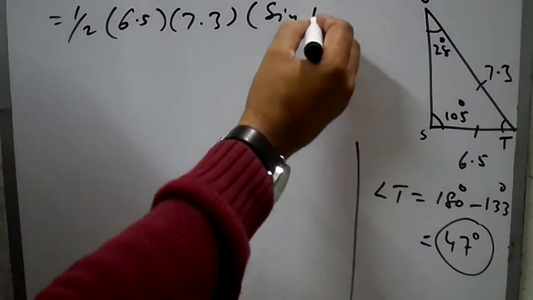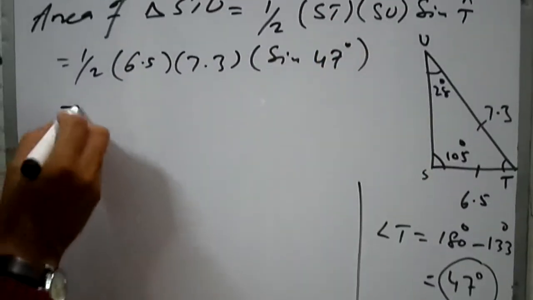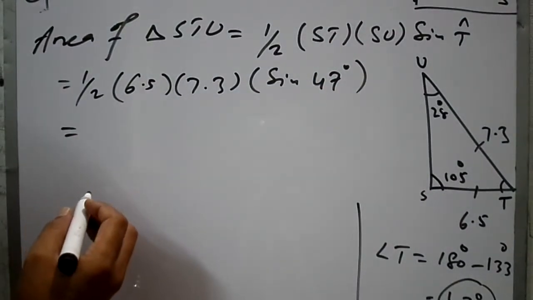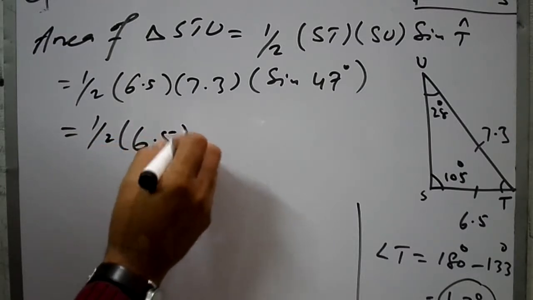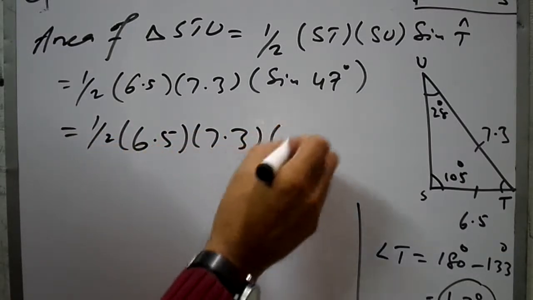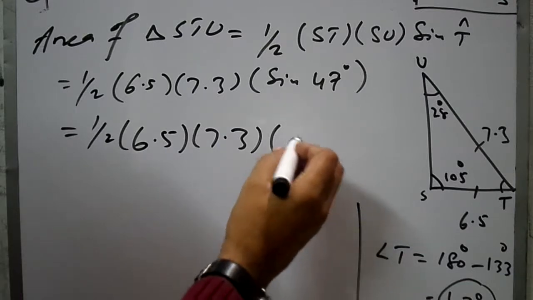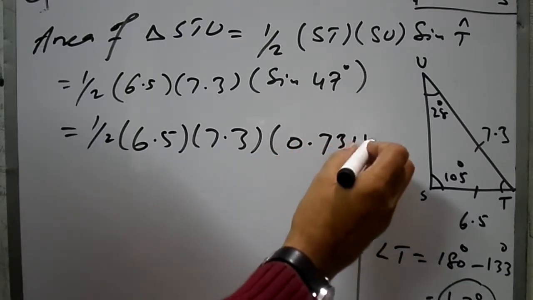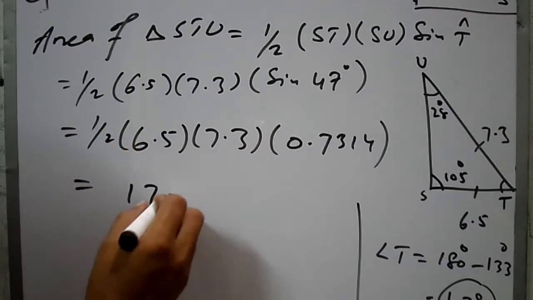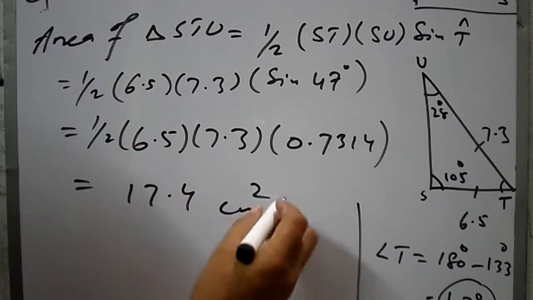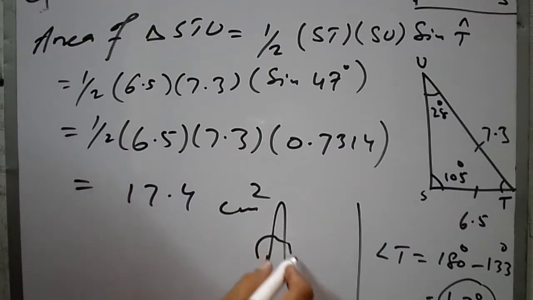So put here 47 degrees. So by simplification, you will get half 6.5, 7.3, and sine 47 gives 0.7314, and multiplication and division by 2, you will get 17.4 centimeters square. So that is your result.